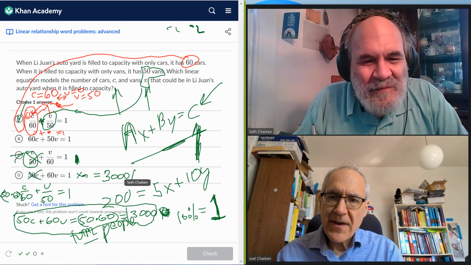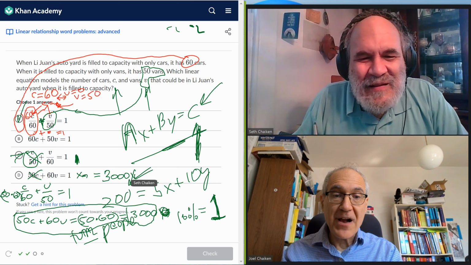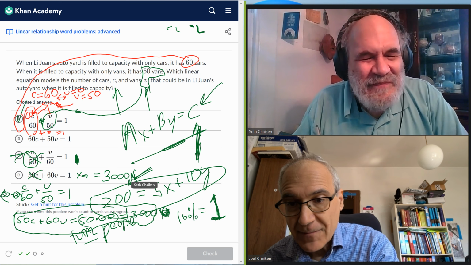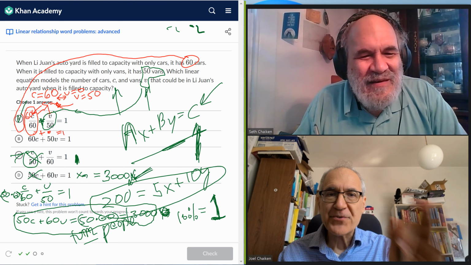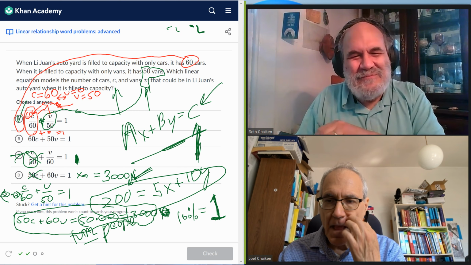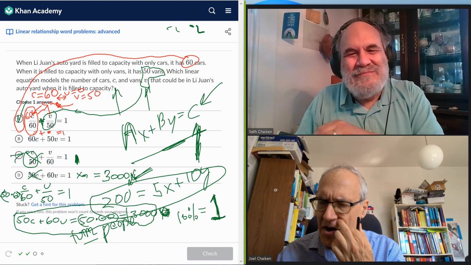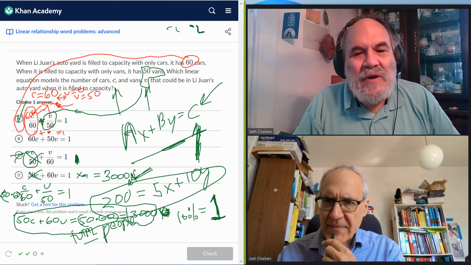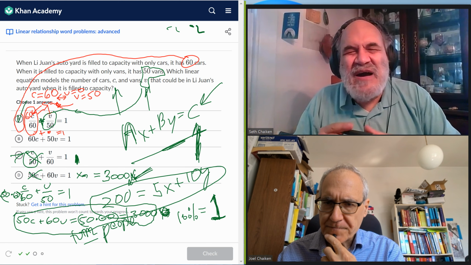Now, if they gave an easier problem, the easier way to formulate this would have been the way with the people problem. They would say the yard can handle 3,000 cars. But the thing is, you can't have a constant on one.